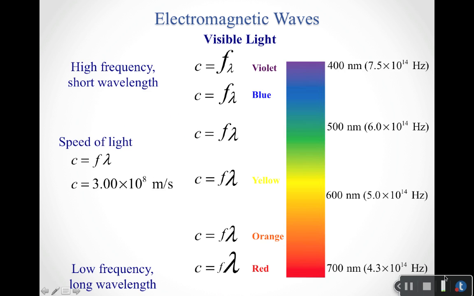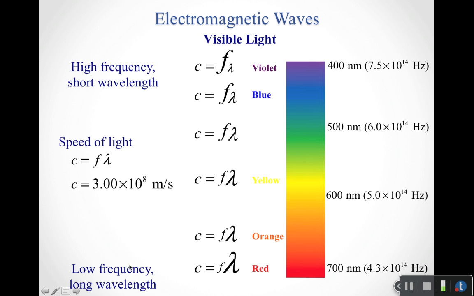So this is just, again, emphasizing that, putting some numbers with it. So our long wavelength wave, red, has a wavelength of about 700 nanometers. Short wavelength violet light has a wavelength of about 400 nanometers. That corresponds to, violet is about 7.5 times 10 to the 14 hertz. Red is about 4.3 times 10 to the 14 hertz.